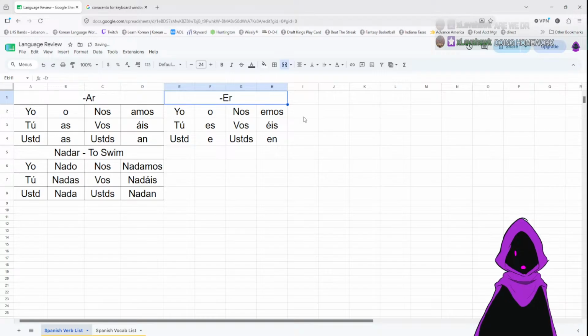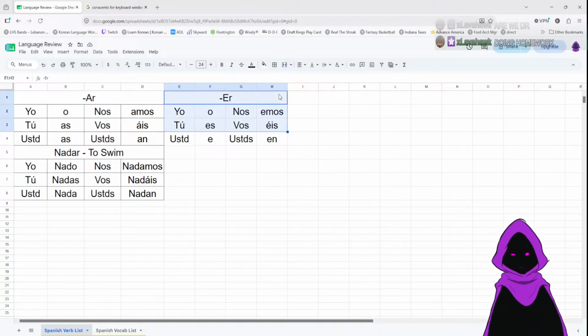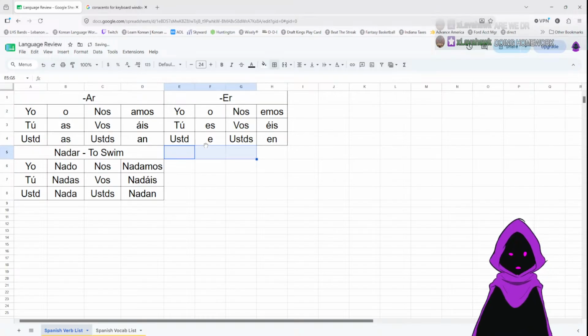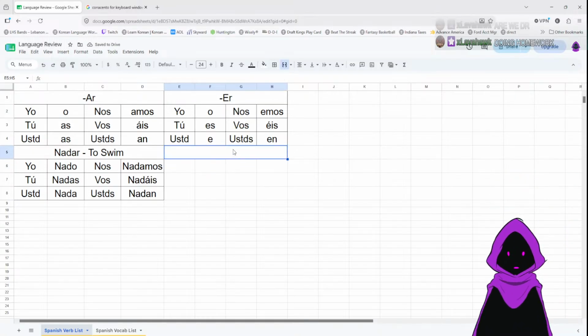But over here, it's still just plug and chug. These are the base forms right here: o, es, e, emos, éis, and en. When we're talking about ER verbs, we'll take the verb comer, for example.